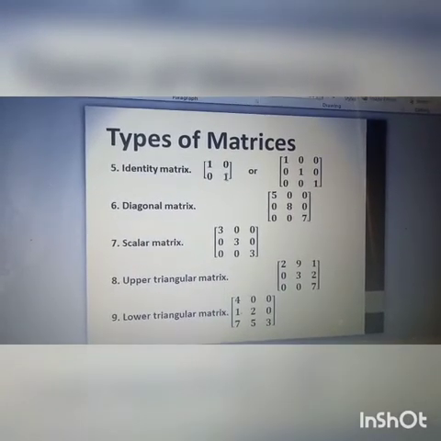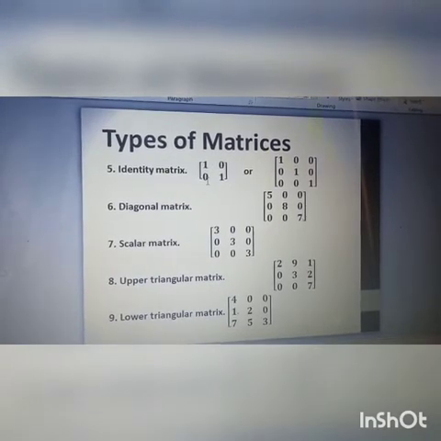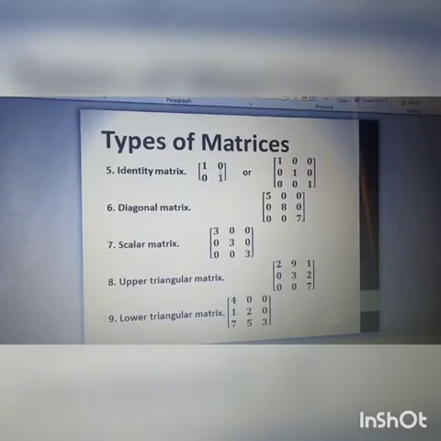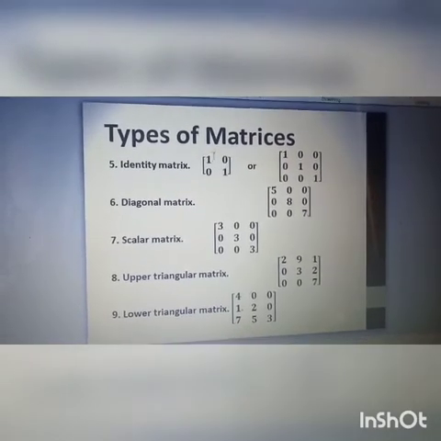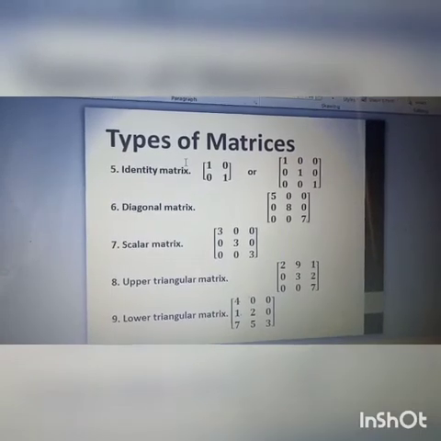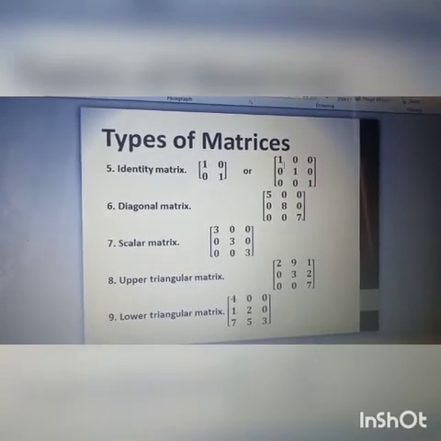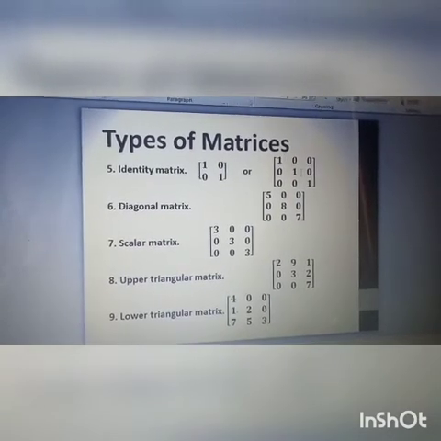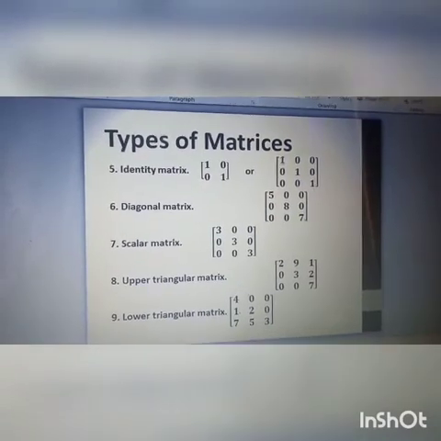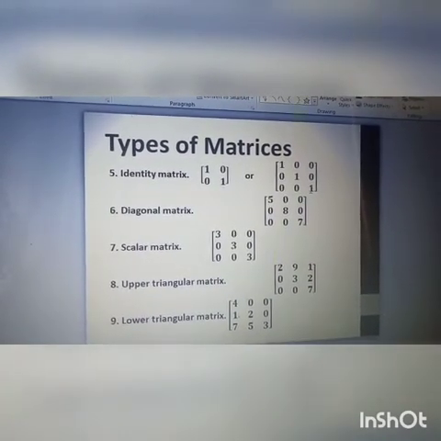And in the diagonal, only 1 is there. Above the diagonal, all zeros. Down to the diagonal, all zeros. This is how you are to understand what type of matrix it is. Similarly, if you see this one, the diagonal position shows 1, above the diagonal all zeros, down to the diagonal all zeros. So this is showing again an identity matrix of 3 cross 3 order.